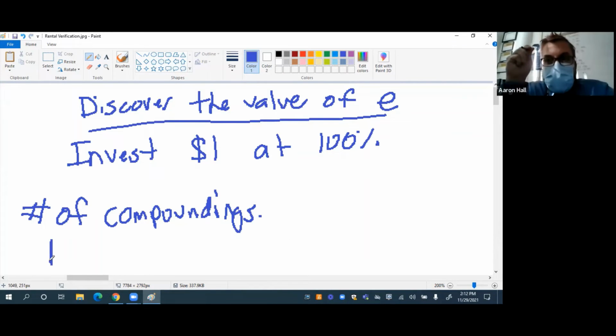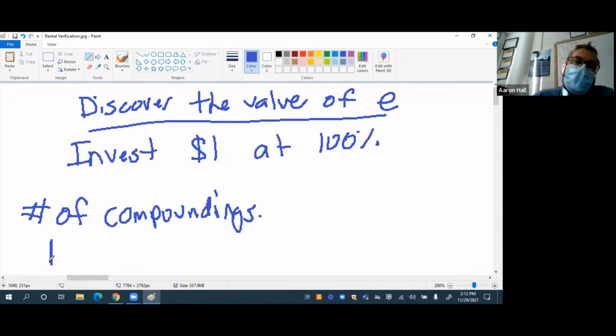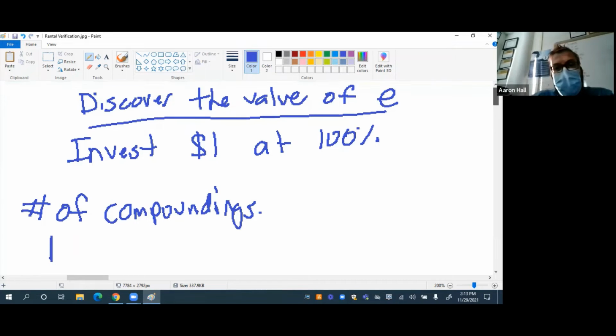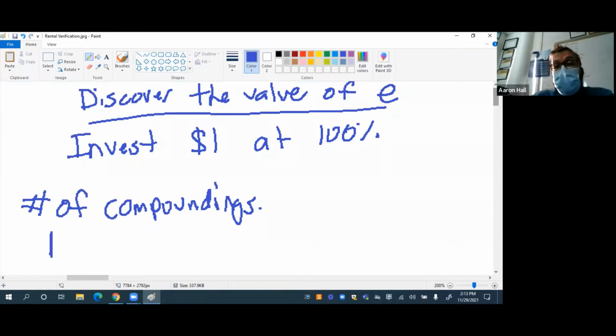Now, if I invest $1 for 1 year at 100%, then after a year, I should have how much money? I should have $2. So this is the number of compoundings, and then this will be how much money.